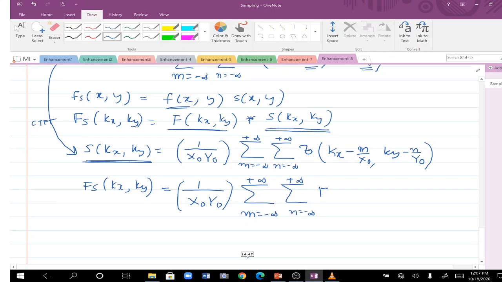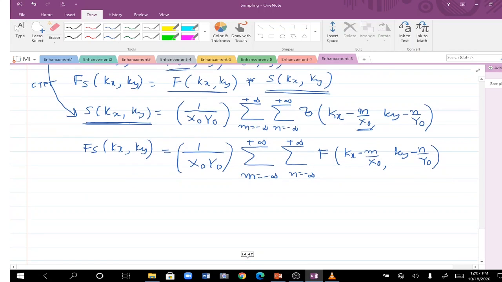Now it's going to have delayed copies of it, kx minus this value, delayed by this when you are convolving it with that using the shifting property. Similarly, ky for F would be delayed by integer multiples of y naught.